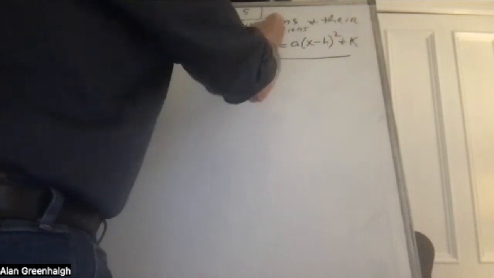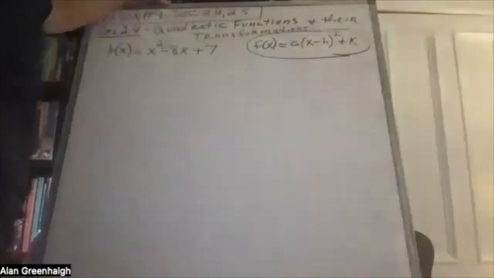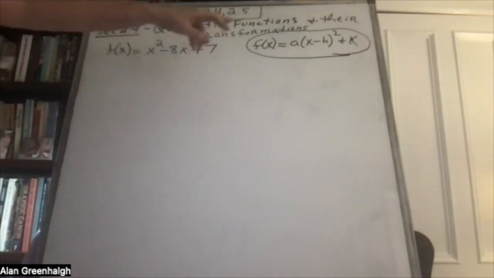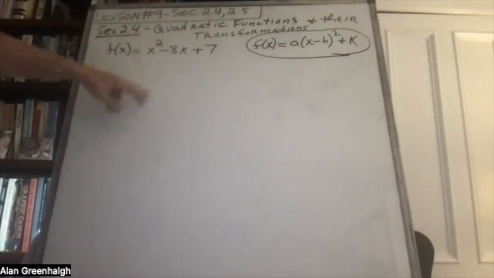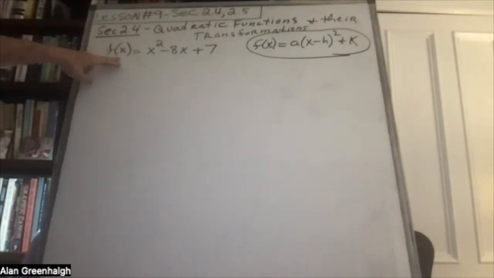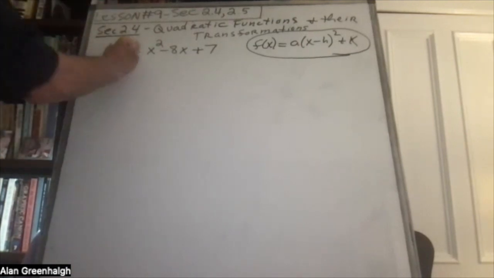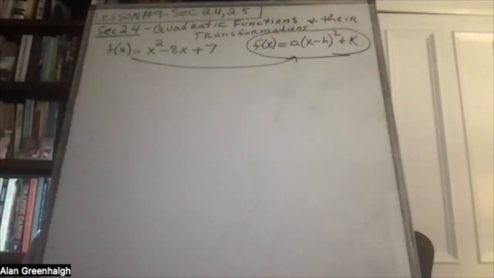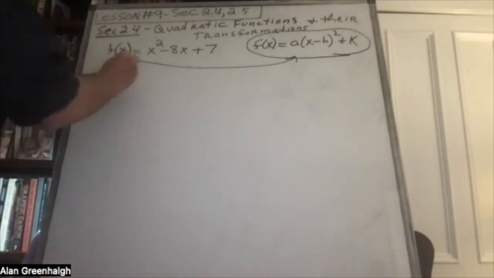I know how to graph this. He just showed us and gave us a problem to try. That doesn't look like that. Well, what we need to do is take this quadratic equation and make it look like this. And this is the way it's done.